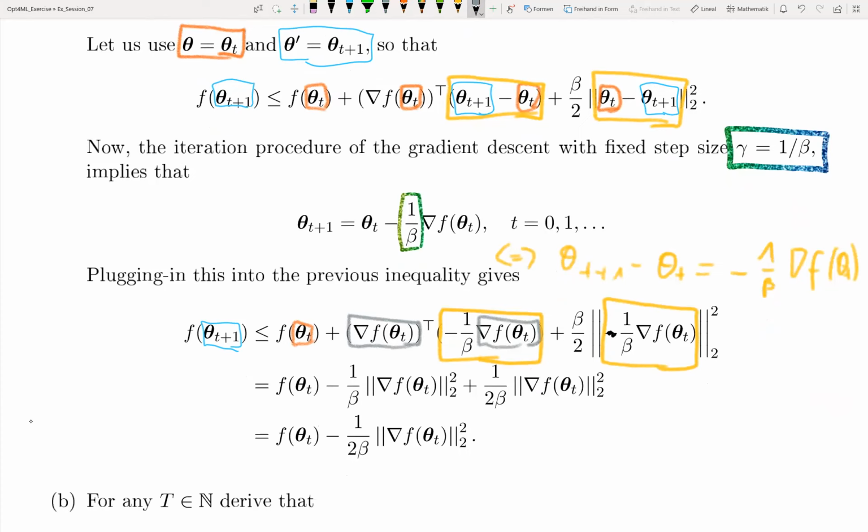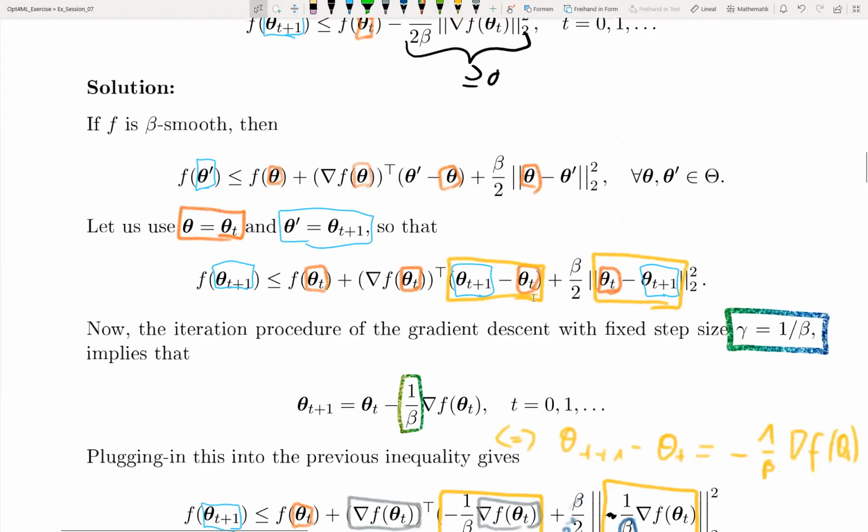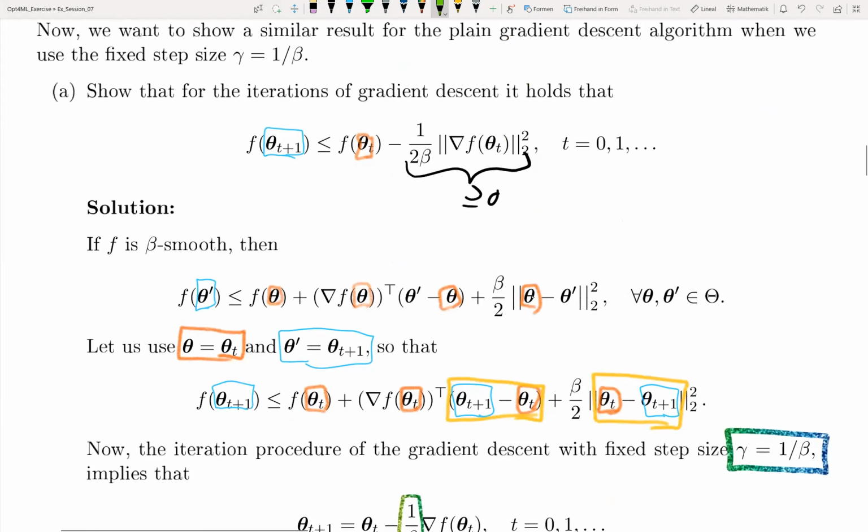And this is exactly what we wanted to show, right? So the decrease we have is specified by at least the squared gradient norm at our current iteration multiplied by 1 over 2 beta. This is what we wanted to show.